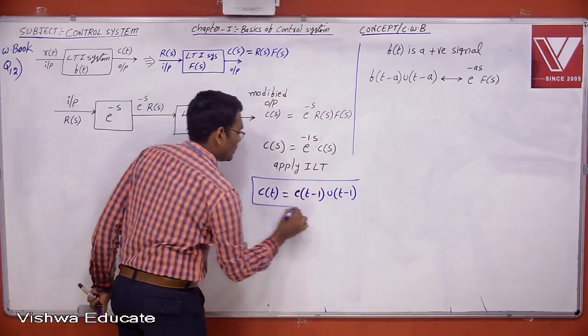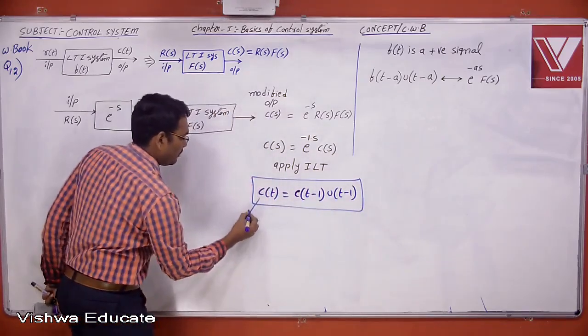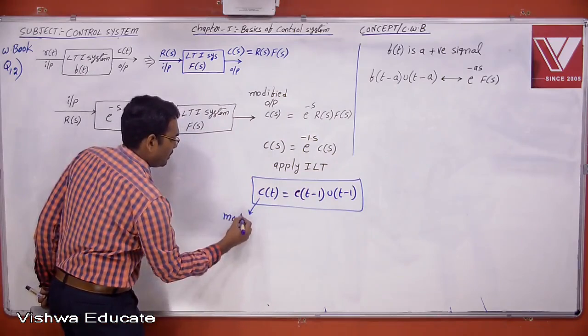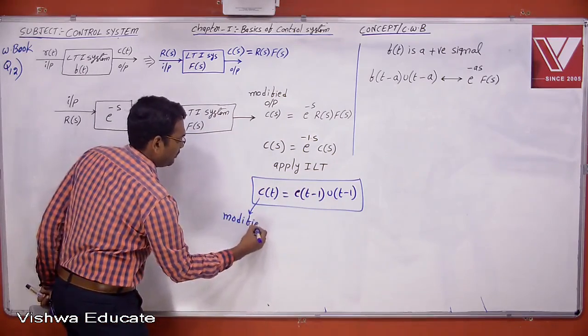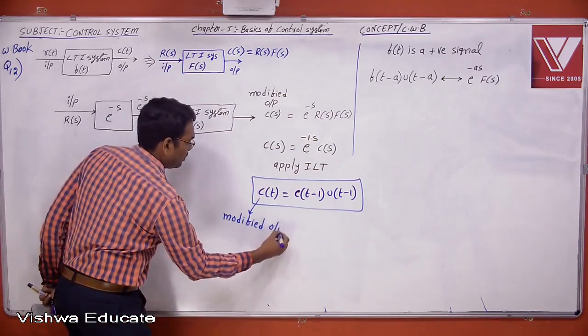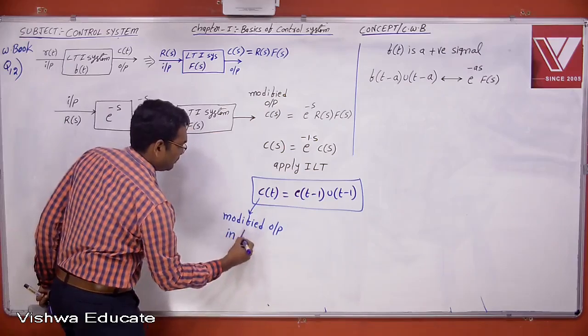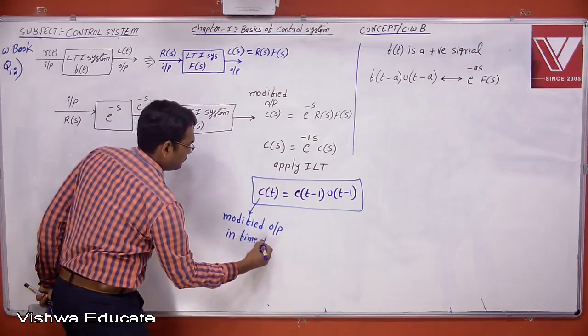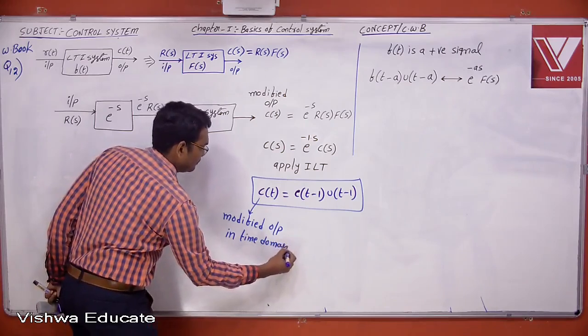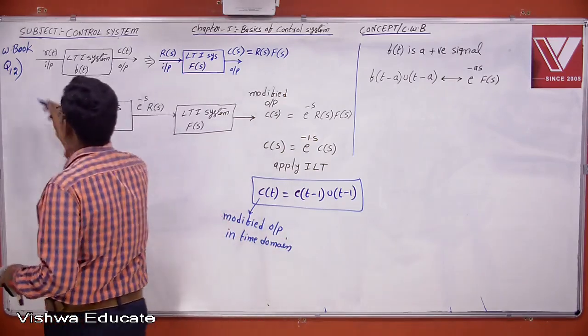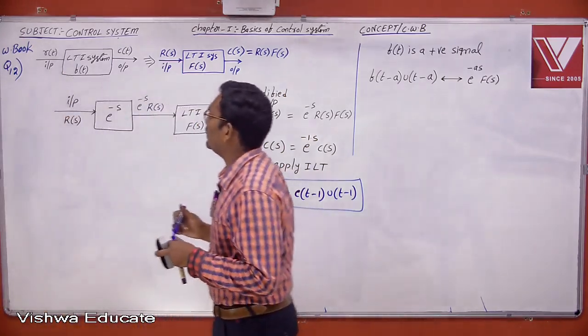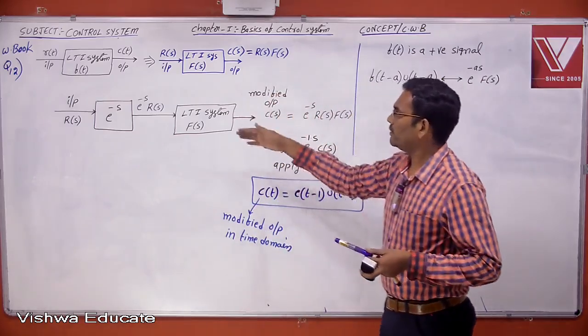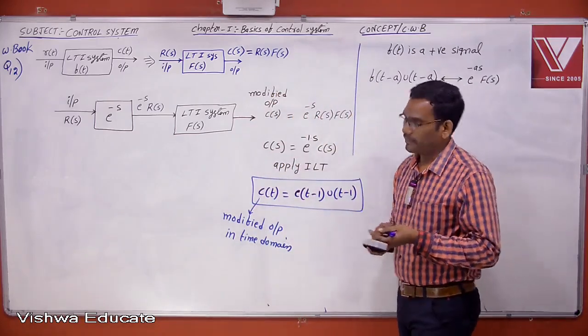Therefore, this is the modified output in time domain. This is question number 12 in your workbook, and this is the solution for that. Okay, take this one.